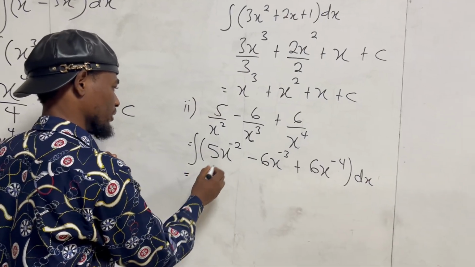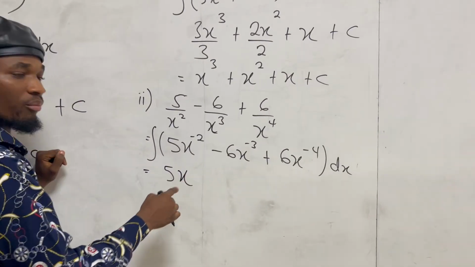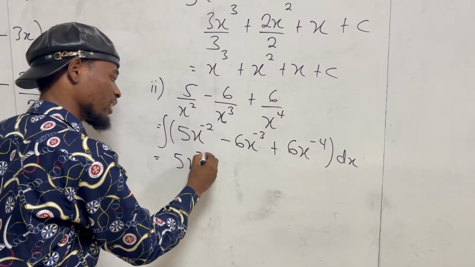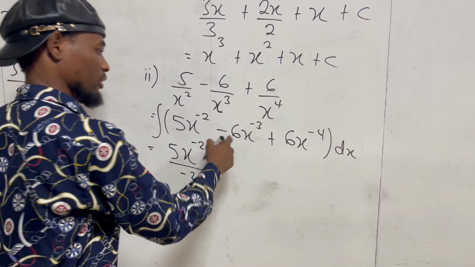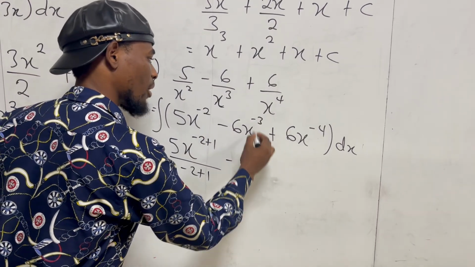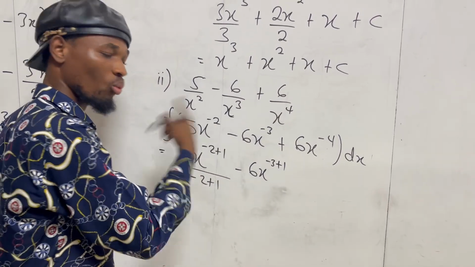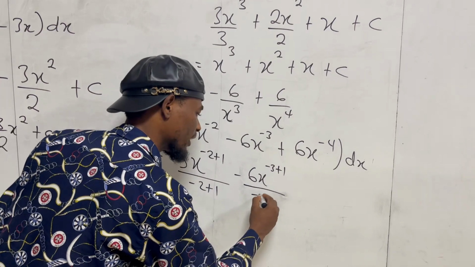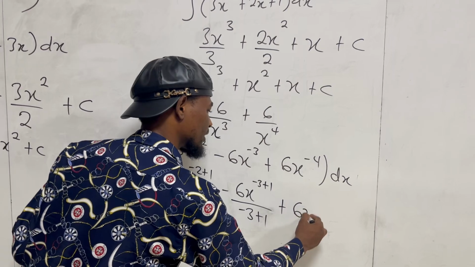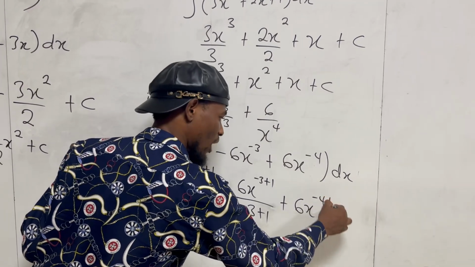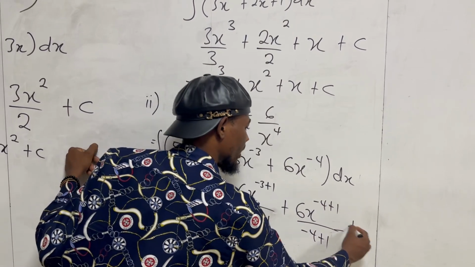So this becomes 5 times x to the power negative 2 plus 1, all over negative 2 plus 1. Then minus 6x to the power negative 3, then add 1 to the power. For integration, always add 1 to the power. Then all over negative 3 plus 1. Then plus 6x to the power negative 4, add 1 to the power, then over negative 4 plus 1, plus my constant of integration.